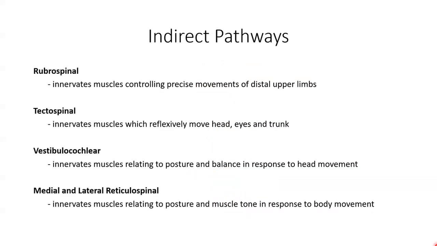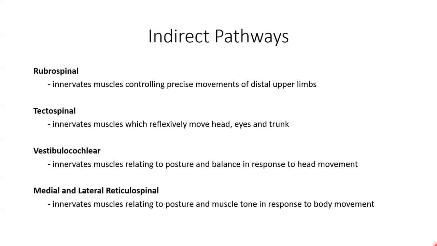Now lastly, the indirect motor pathways are those outside of the corticospinal and the corticobulbar tracts. And these ones have upper motor neurons which descend from areas of the cortex that sit outside of the primary motor cortex. So similar to the sensory spinocerebellar tracts, I don't need you to know about these pathways in detail, but you do need to be aware that they exist and have some idea of their presence and their general function.